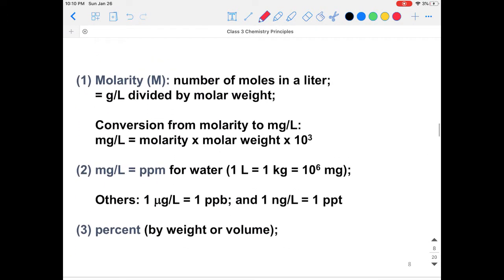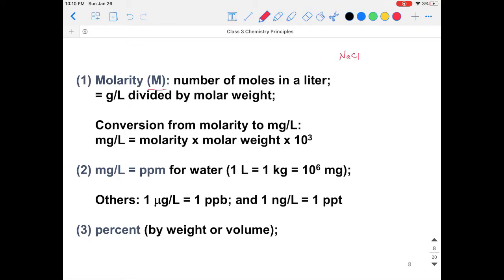So in water chemistry, there are also other concepts that we need to know. So for example, we need to know what is the molarity. So the molarity is typically represented by this capitalized letter M. So that means the number of moles in a liter. For example, if we prepare a solution that's containing sodium chloride, right?